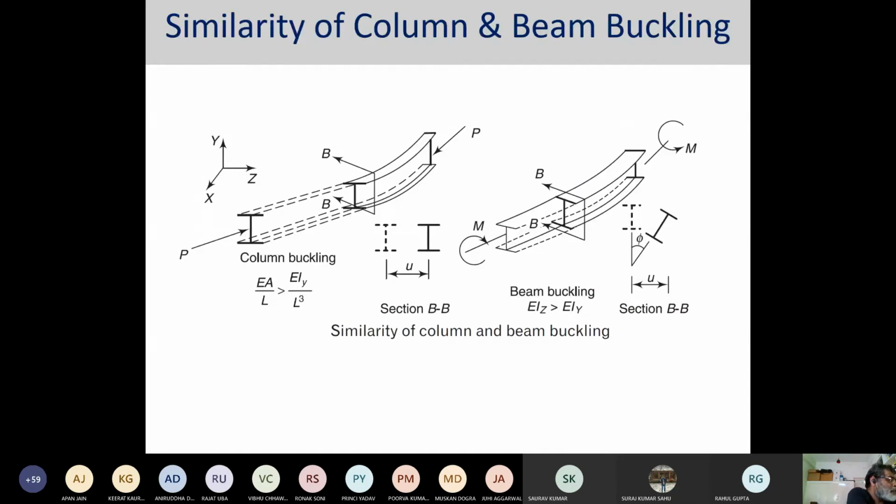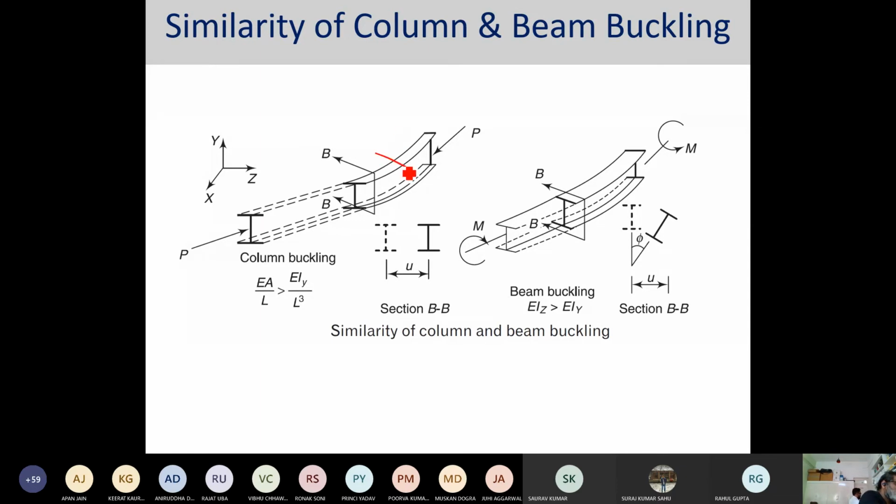And there's a similarity of column and beam buckling, which is what we had talked about. For column buckling, EA by L has to be greater than EI by L cubed. And for beam buckling, EIZ has to be greater than EIY. So what does this mean?